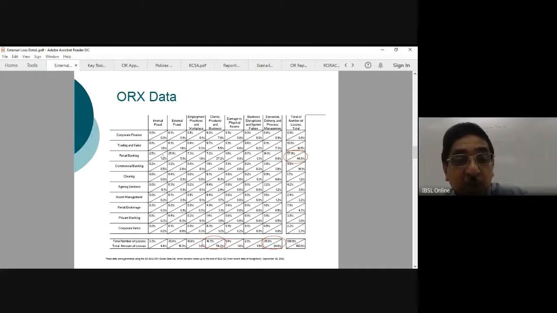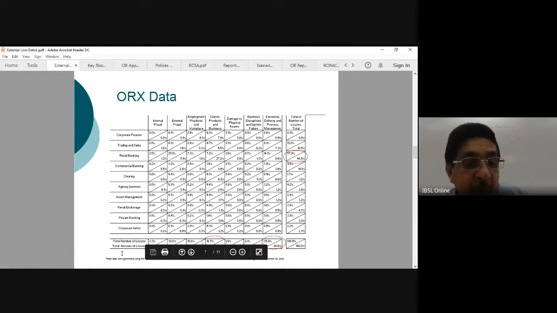Lower part is looking at the frequency. Now you can see total number of losses, total amount of losses.